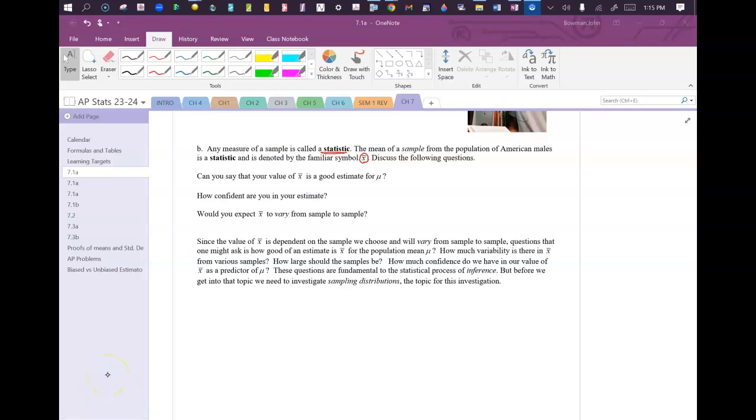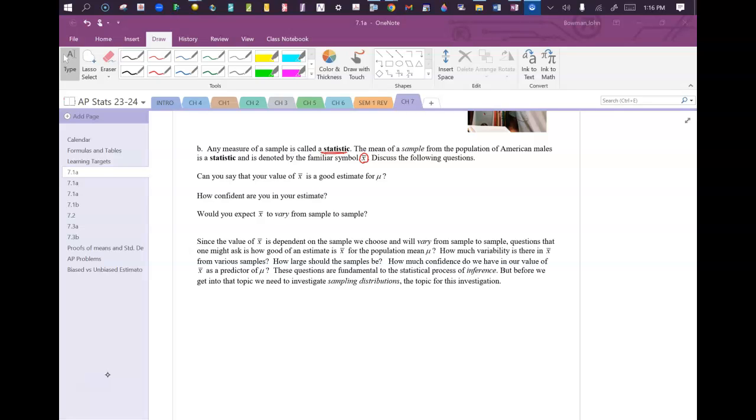So since the sample mean is going to vary from sample to sample, that raises all kinds of questions, like how good of an estimate is our sample mean for the population mean? How much variability is there in the sample mean from sample to sample? How large should our samples be? How much confidence do we have in our value of the sample mean x bar as a predictor of the population mean mu?